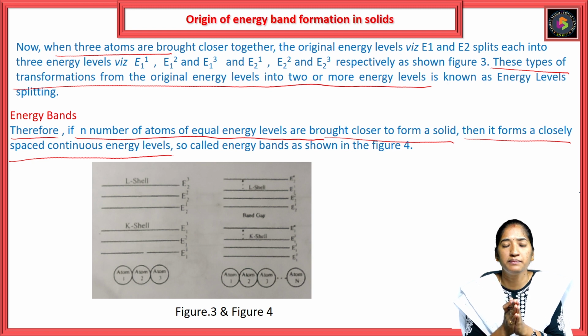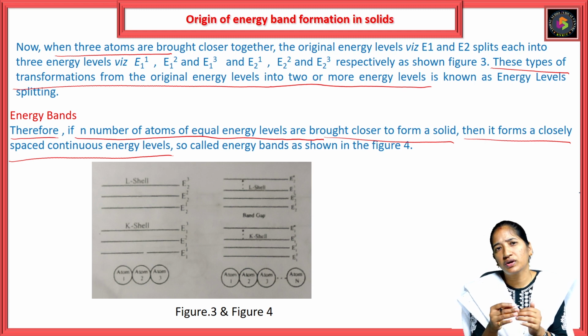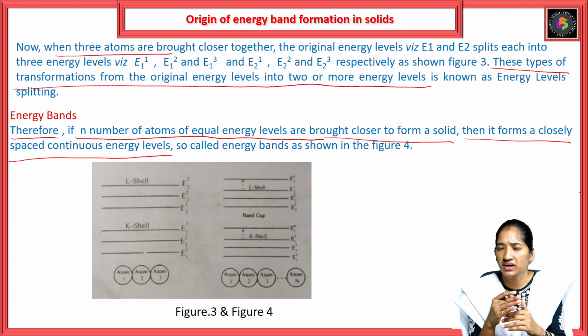If you take two atoms, then in a magnified view the energy level consists of two energy levels. If you consider three atoms, it consists of three energy levels.